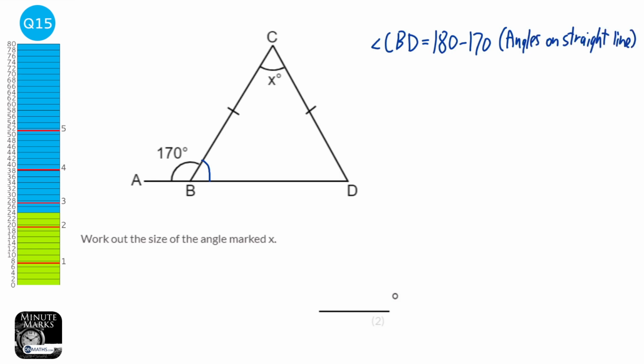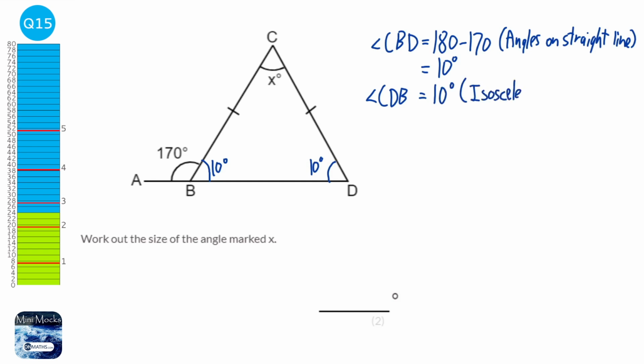Angles on a straight line add up to 180, so that's going to be 10 degrees. We then need to find out what angle CDB is, and this is obviously going to be 10 degrees as well because it's angles in an isosceles triangle.